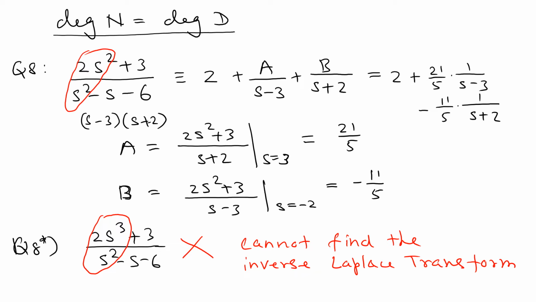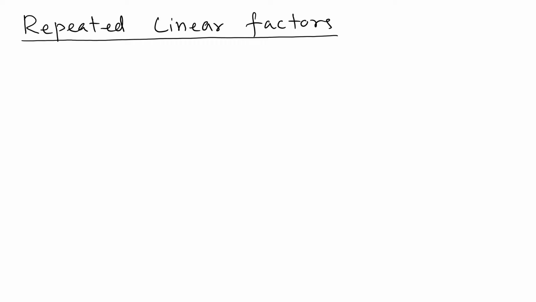Okay, so let's look at the next one, problem number 9. In this one, let's talk about what happens if the factors repeat. So, repeated linear factors. We can look at a situation like this. Let's say we have s plus 7 over s minus a and s minus b squared.